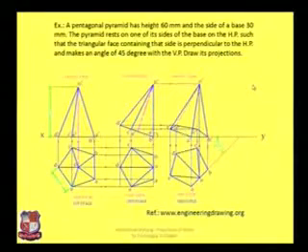Now another problem of a pentagonal pyramid. A similar exercise we have to do here. Height is given as 60 mm, side of the base 30 mm. The pyramid rests on one of its sides of the base on HP. See, here it is given that it is resting on the horizontal plane on one of its sides. One side is on HP, that is AB.